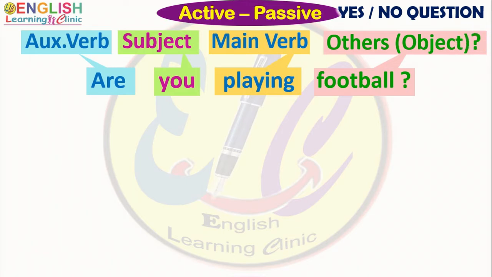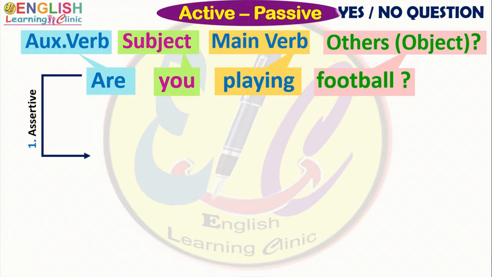Viewers, you have already learned in the second class of my voice series how to change the voice of the verb in an assertive sentence. So, if you make this question into an assertive sentence, your task of changing the voice in this case will be quite easy. So, first make it assertive.